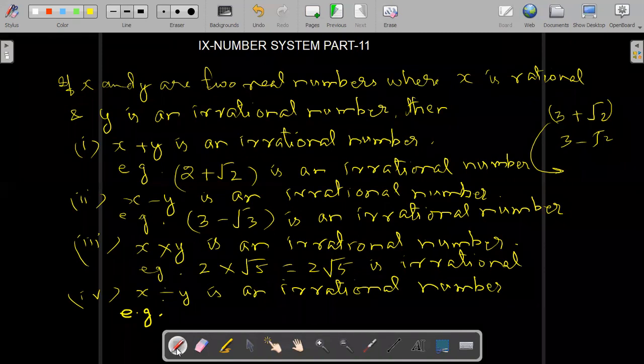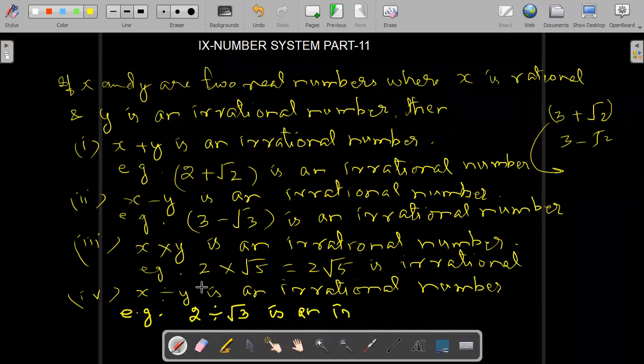We have taken x as a rational number, so 2 divided by root 3 is an irrational number. So we have seen that multiplication, addition, and subtraction of a rational with an irrational is always irrational.